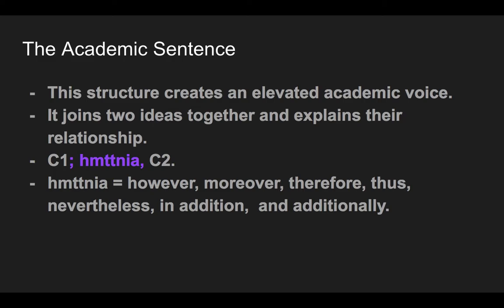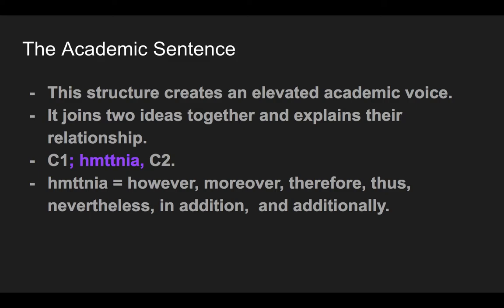H stands for however, M for moreover, T for therefore, the second T for thus, N for nevertheless, I for in addition, and A for additionally. And so these seven members make up our academic linking tools, or conjunctive adverbs, and we use them to link these ideas, and they explain how the ideas relate to each other.